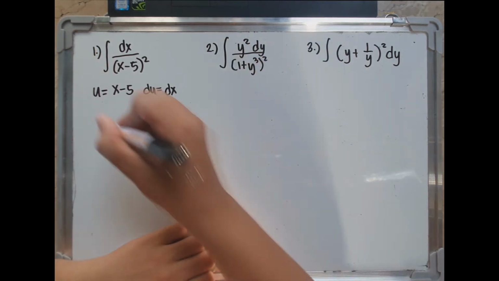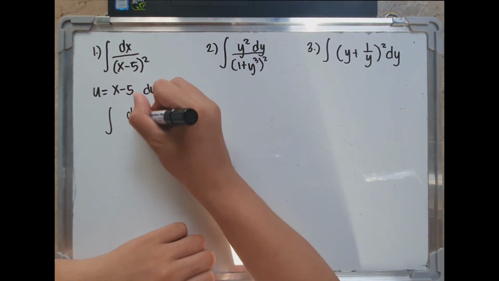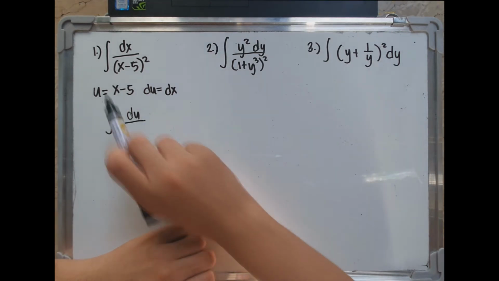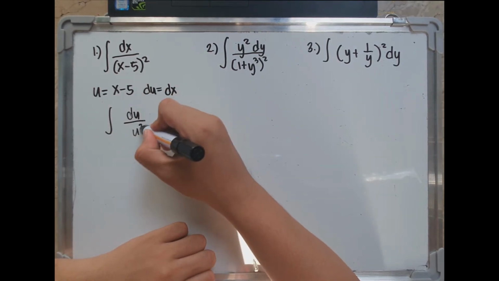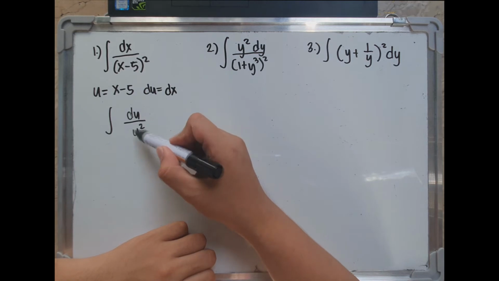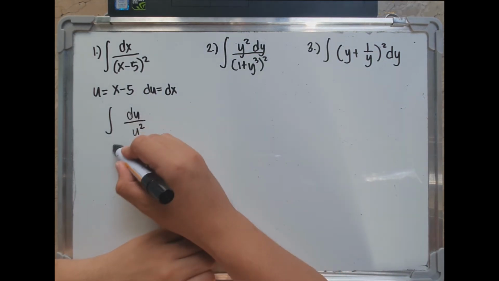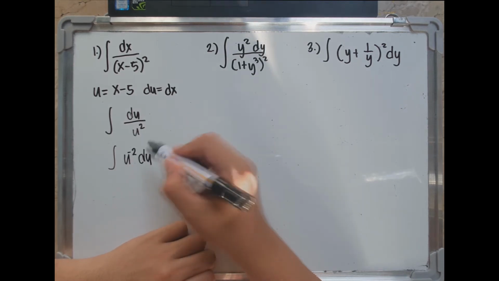So let's have the integral of, this will be our du, whole over x minus 5, that is u, raised to the power of 2. So we now have the integral of du over u squared. We could take the inverse of u squared, and we will be having u raised to the power of negative 2 du.